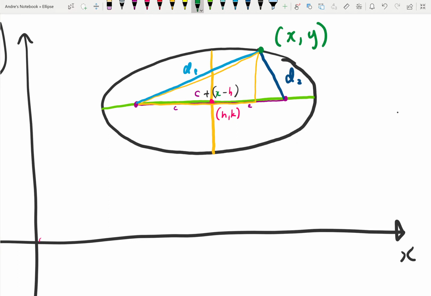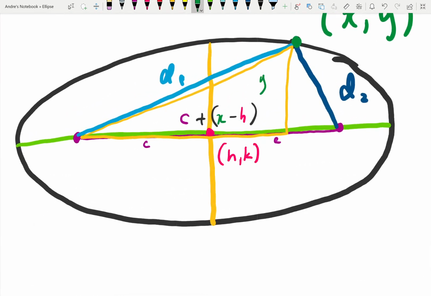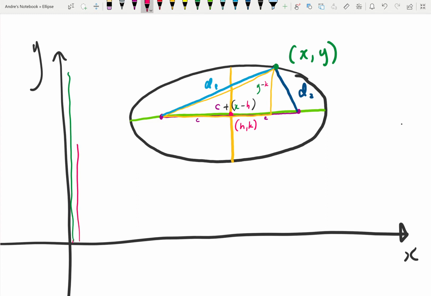We can see that y will be this entire length going up here, and k will be this one. The difference in those, y and k, is going to give us the length of that vertical side.